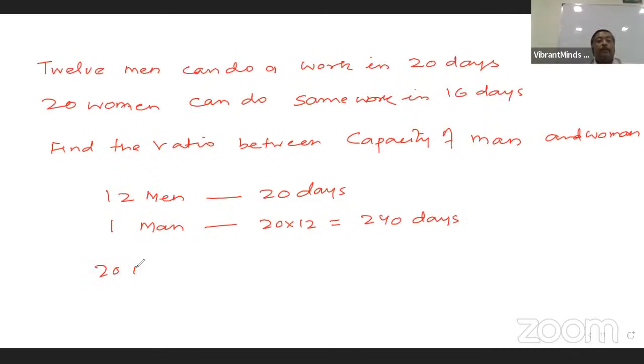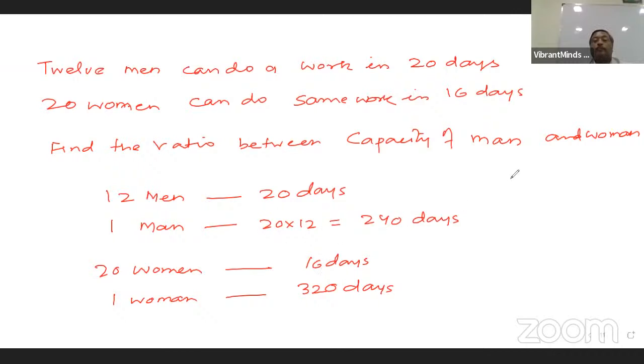Now 20 women can do it in 16 days. So one woman can do it in how many days? That is 320 days. Clear? Is it clear?